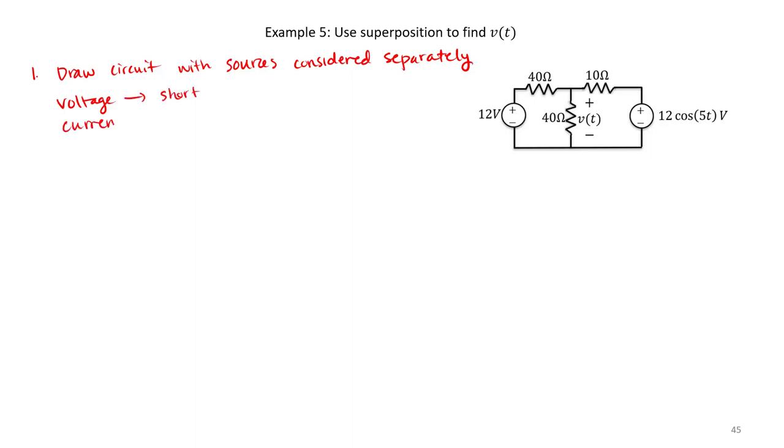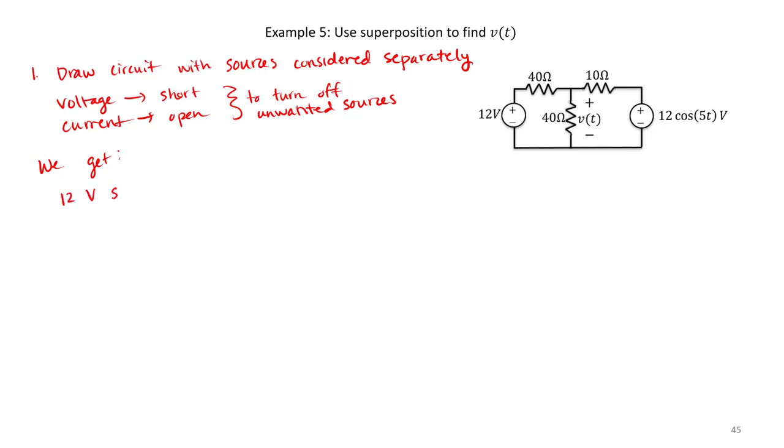Current sources are replaced with an open to turn off the unwanted sources. So in this case, we have 2 voltage sources, so we will just replace the other voltage source with a short. So here's what we get.